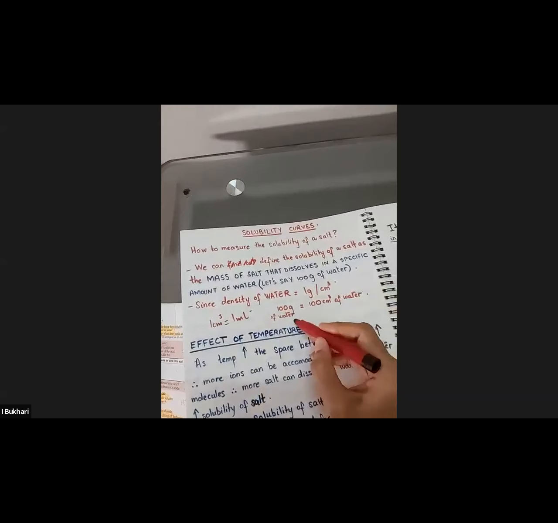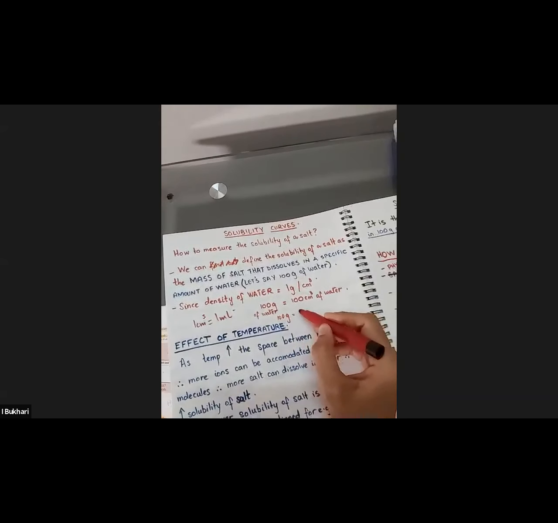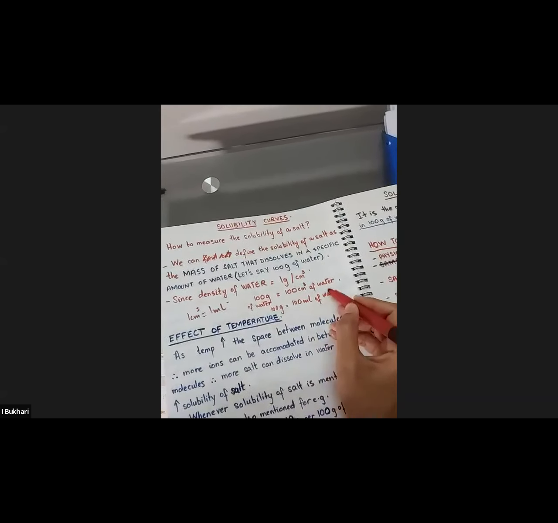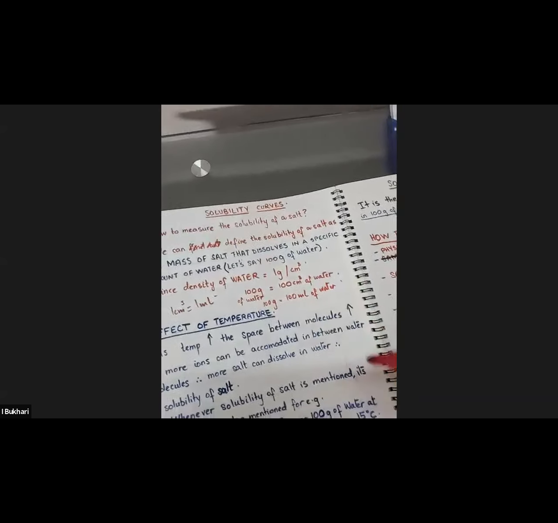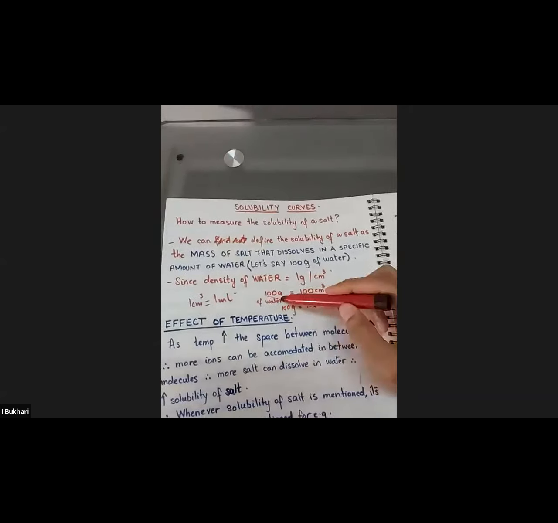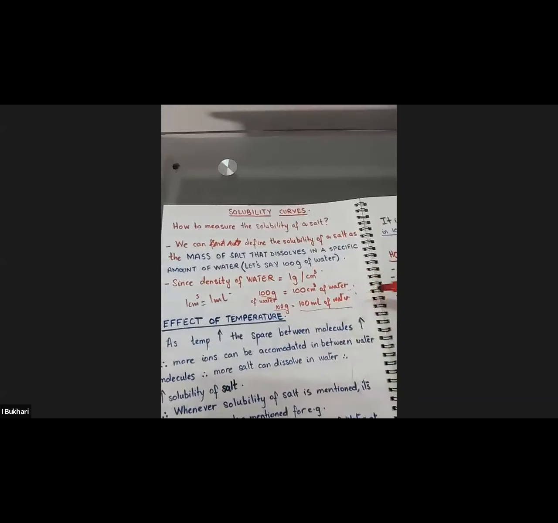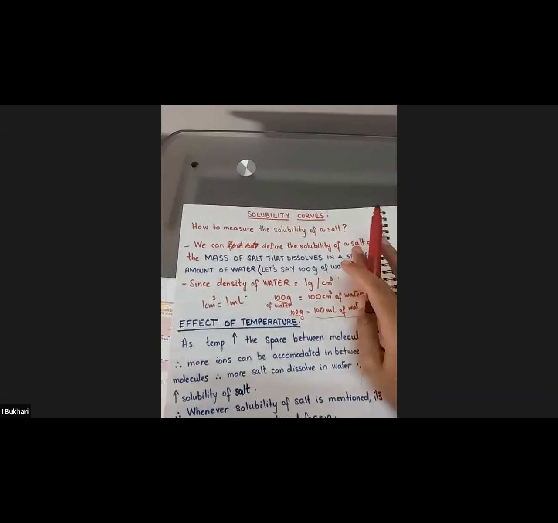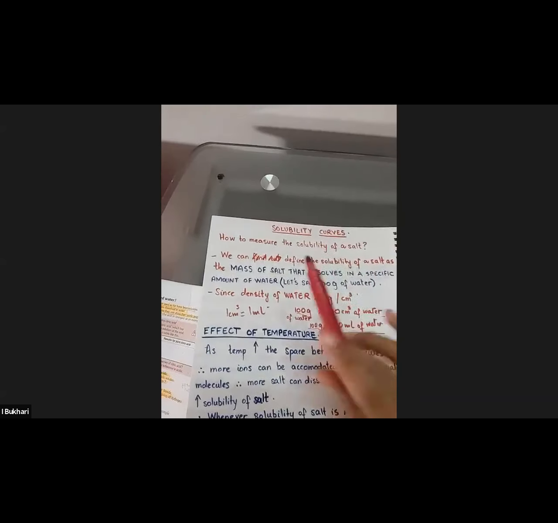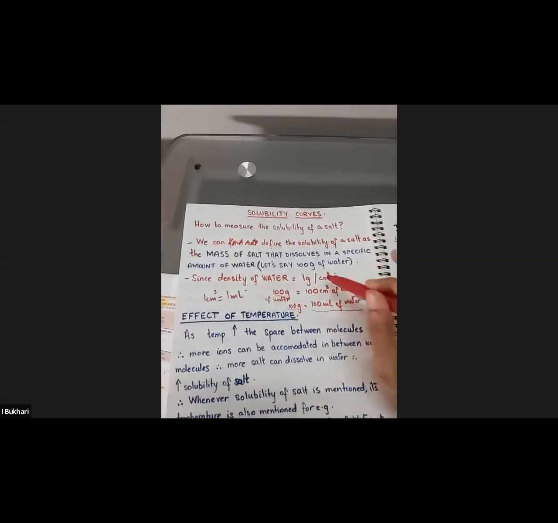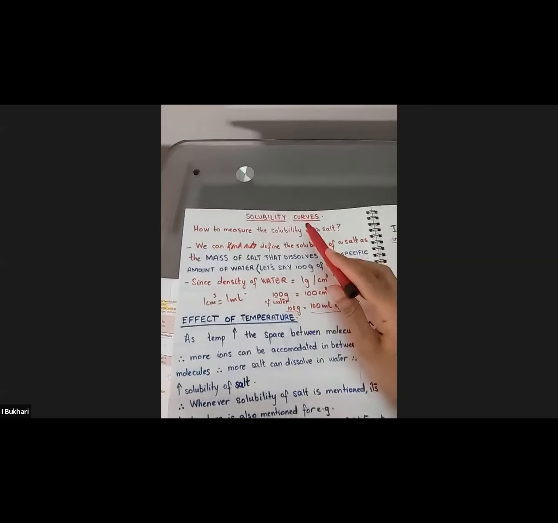So we can also say that 100 grams of water is equal to 100 ml of water. So the mass of salt in grams that dissolves in 100 grams of water is the solubility of that salt.